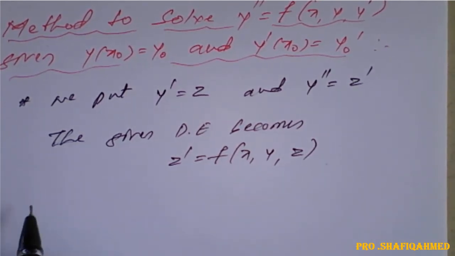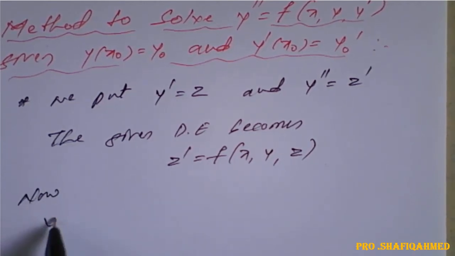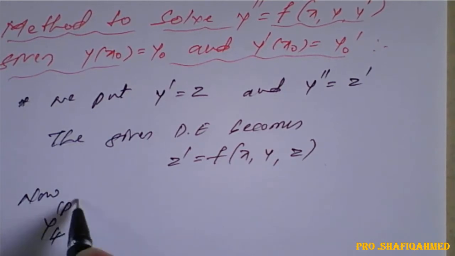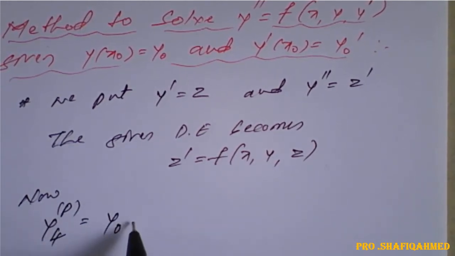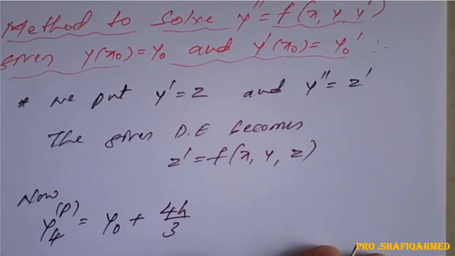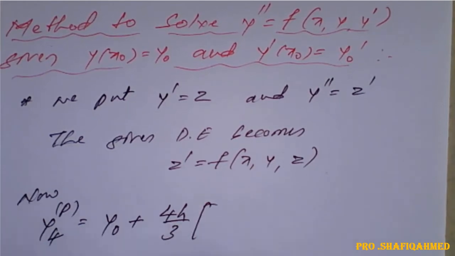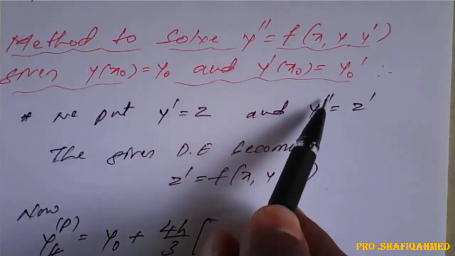For y4 of p it is y0 plus 4h upon 3 as it is. Just remember the substitution, y dash is z and y double dash is z dash.